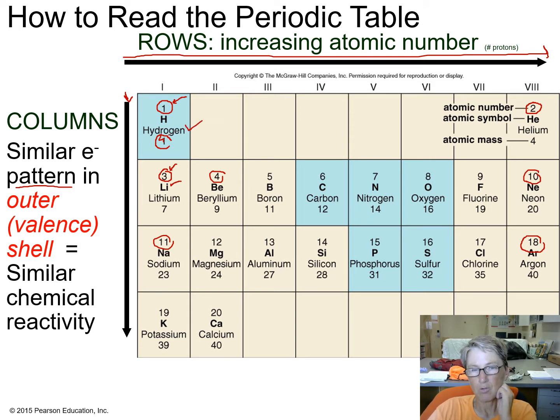Lithium has 1 electron in its valence shell, sodium has 1 electron in its valence shell, potassium has 1 electron in its valence shell. The valence shell electrons dictate chemical reactivity, so that means every element in this column has a similar chemical reactivity.